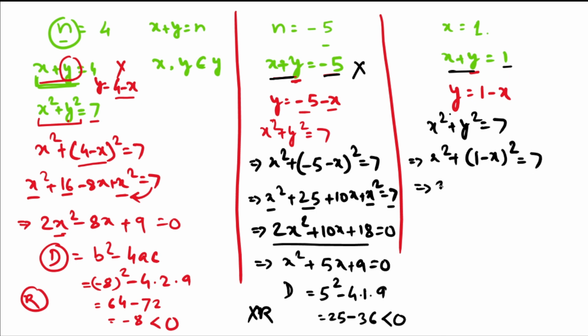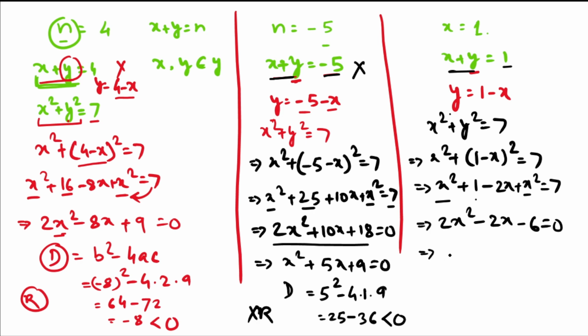So it is x square plus 1 minus 2x plus x square equal to 7. So x square and x square is 2x square, negative 2x, and 1 minus 7 is minus 6, equal to 0. Now we can take 2 common and the remaining is x square minus x minus 3 equal to 0.